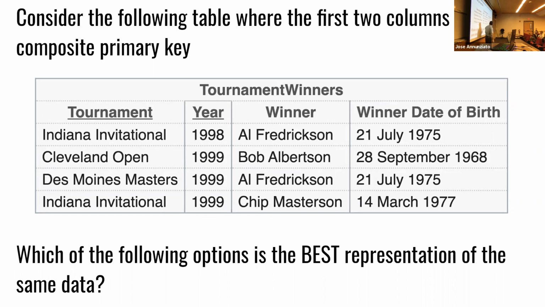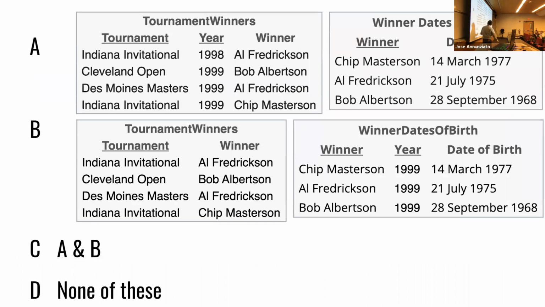So we said that we don't want functional dependencies between non-key fields, because there's no way for us to enforce or detect that there's something wrong. The fix usually is that this information should not be here in the first place. It should be in a different table where you have a list of all the people and their birth dates, only recorded once. Something like this, where you have a list of all the folks, Chip and Al and Bob, with their dates.